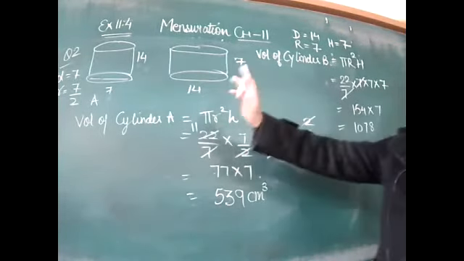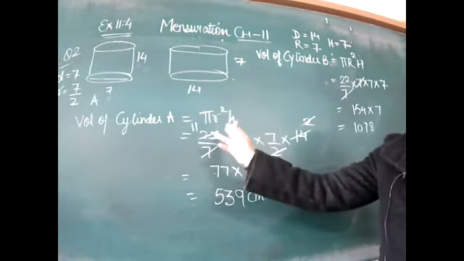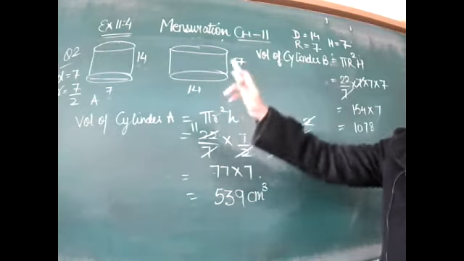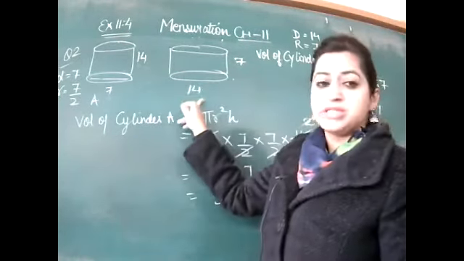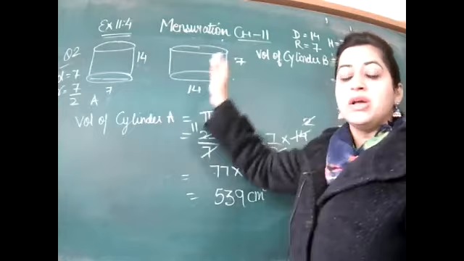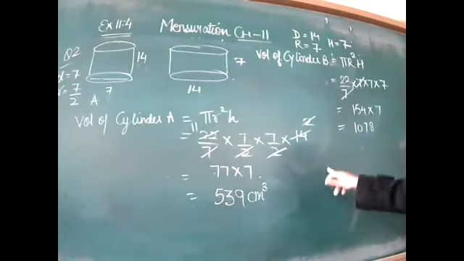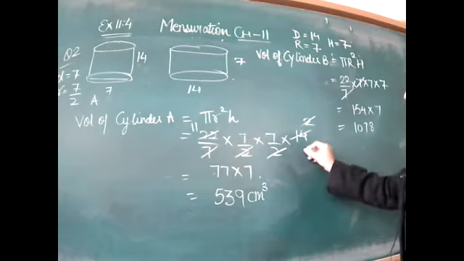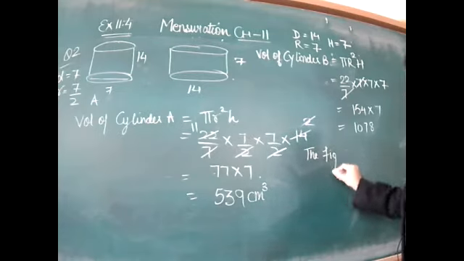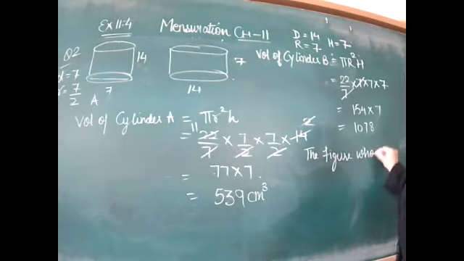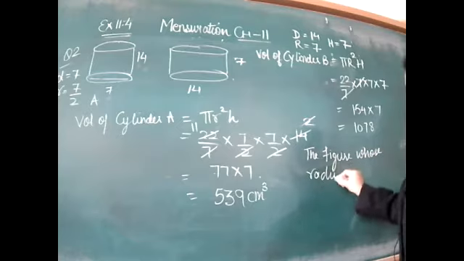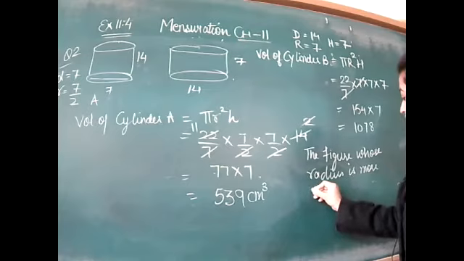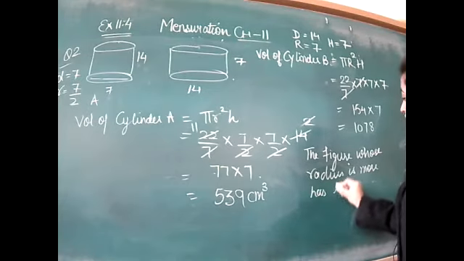But if the things are same, numbers are same and they are reversed, okay, they have interchanged the numbers, like here the height will become the diameter and here the diameter has shifted to the height. So in this case, you have to solve it without calculation. So what you will write? The figure whose radius is more has larger volume.